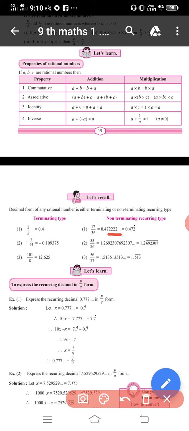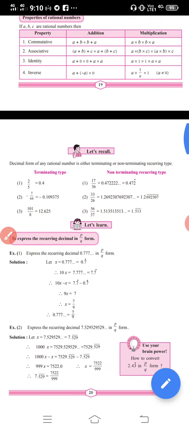In the second example the bunch of numbers 692307 is repeated. In the third example 513 513 is repeated. That is the main difference between terminating type and non-terminating type.